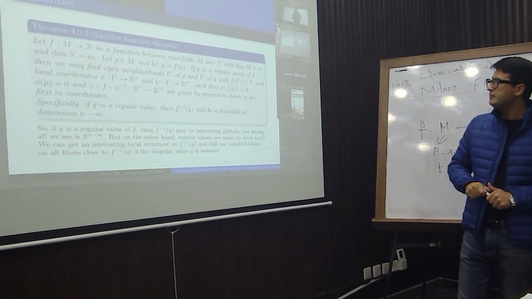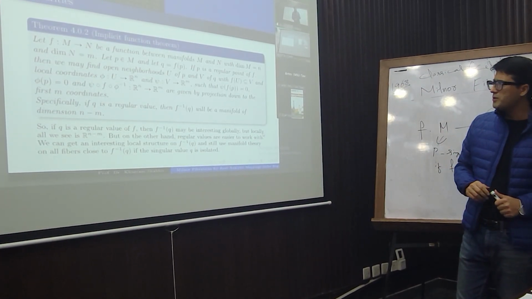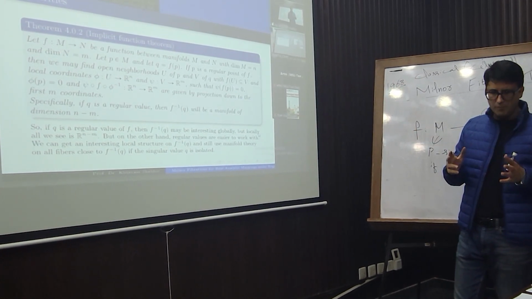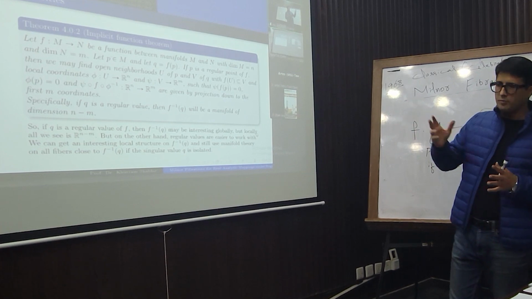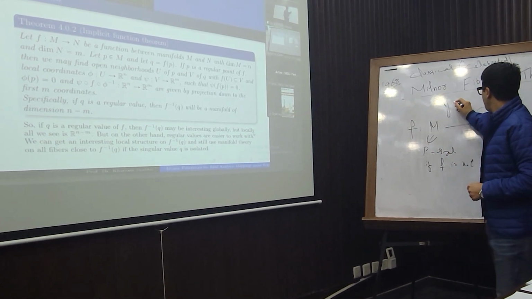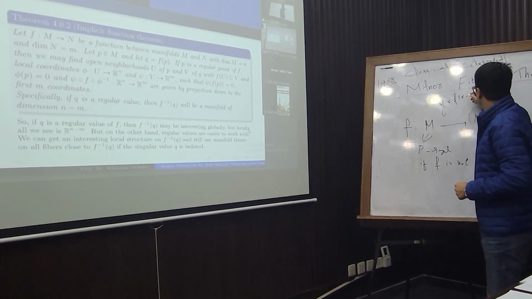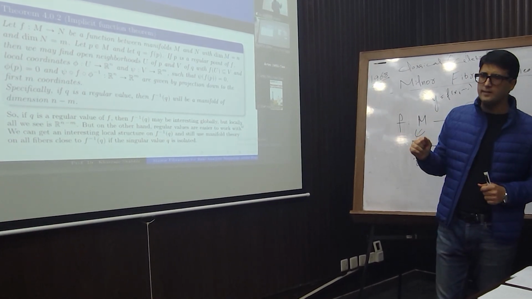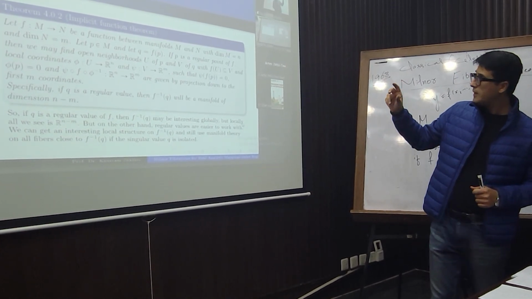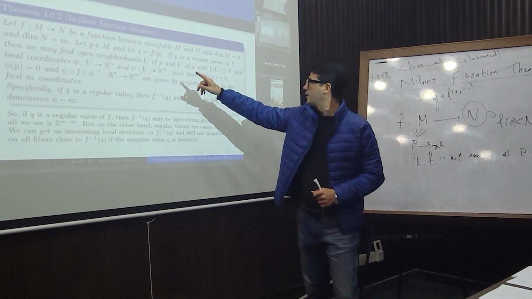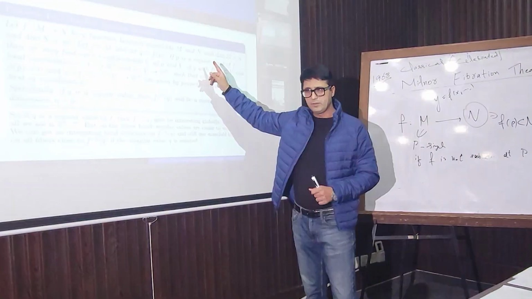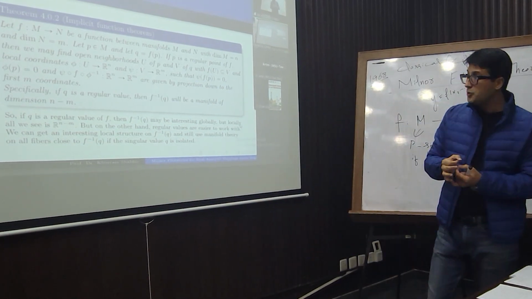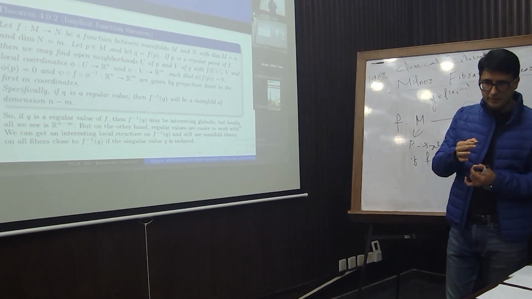Next, please. So here is the implicit function theorem. Implicit function theorem means if you have a function and you cannot write the function in this form globally, the implicit function theorem tells us that if the Jacobian matrix is non-singular, only in that case can you write the function explicitly locally.